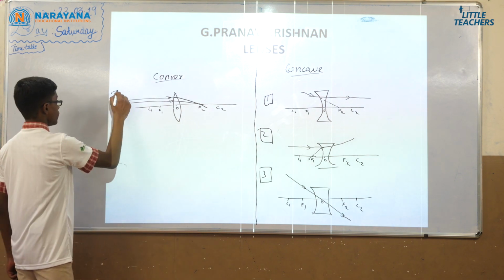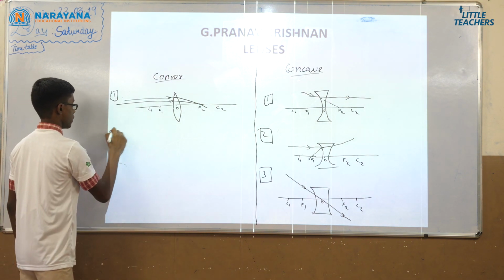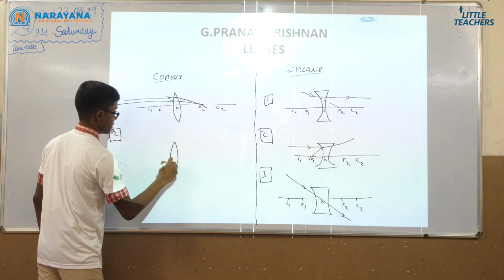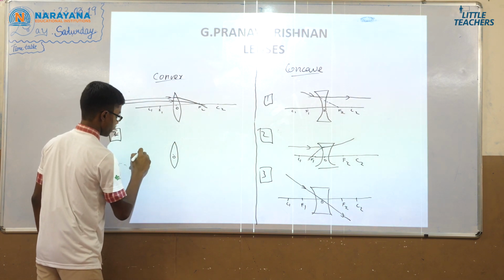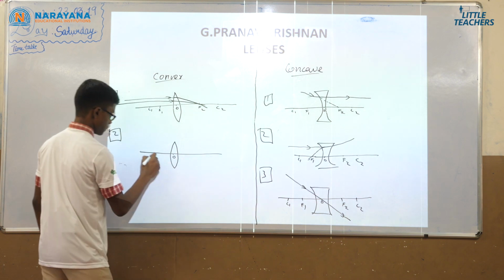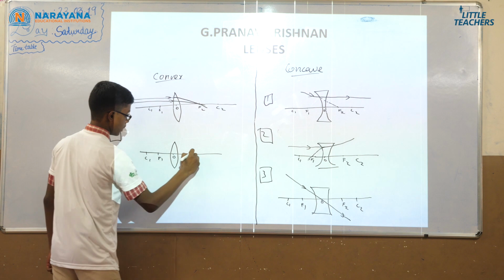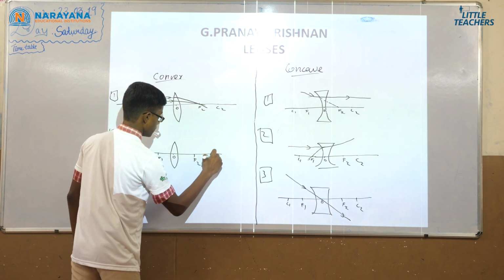Now let's go to the second type of image formed. Again consider a convex lens with the optical center, a principal axis passing through it, center of curvature 1, focus 2, and center of curvature 2.